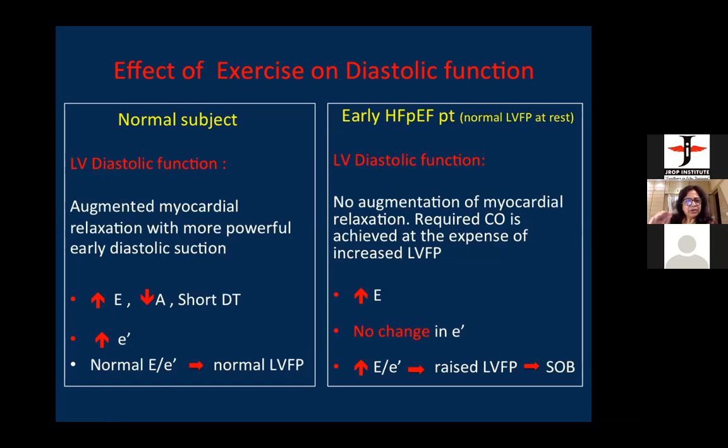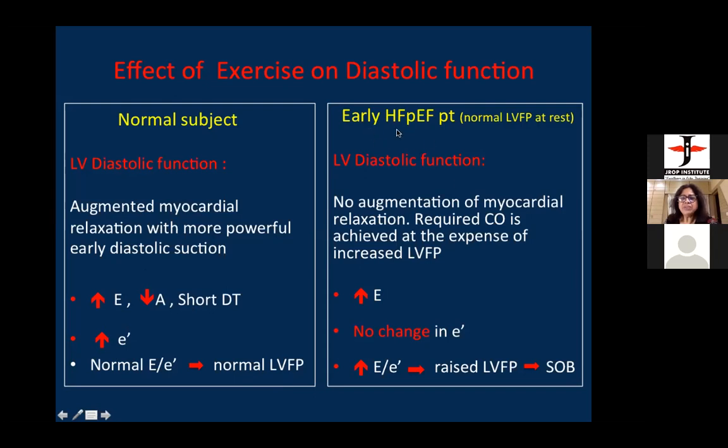The blood flow velocity will increase, and the E prime, which indicates the tissue velocity of the annulus, will also increase. It's because it's a normal heart with good myocardial relaxation. E wave is increased because blood flow is increased, and E prime is increased because myocardial relaxation is augmented. This will keep E by E prime normal, showing normal LV filling pressure.